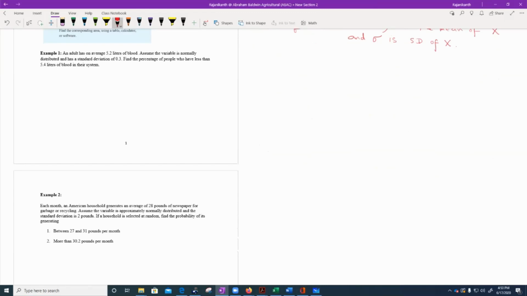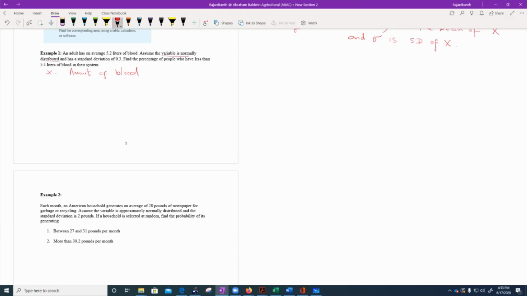Okay, so now first of all, you need to identify the variable. They're telling us to assume that the variable is normally distributed. They're talking about the blood amount in the body. Therefore, my X is nothing but the amount of blood, right?